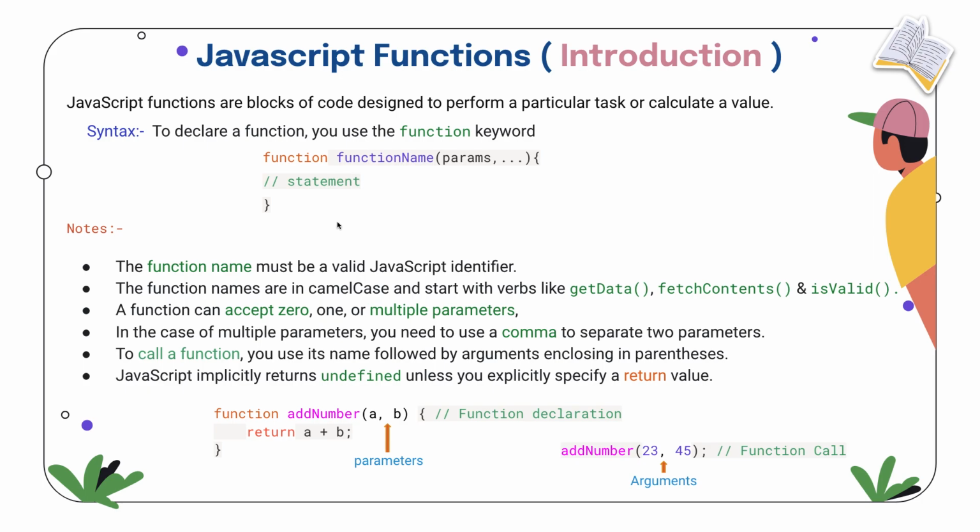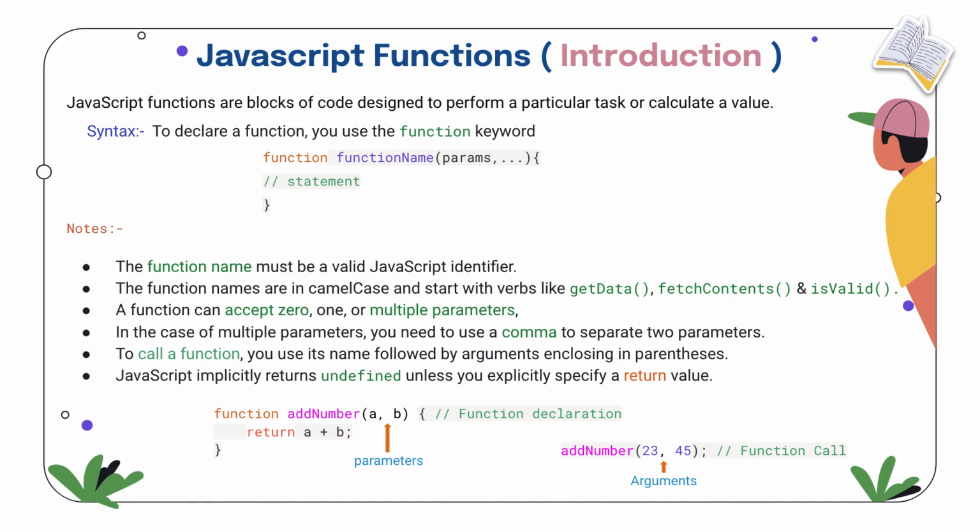Next we'll move on to the naming convention, or the rules to follow to create functions. We have already discussed variables. When we are creating a variable, we need to follow some set of rules: we always need to start the variable name with letters, not with a number, and we don't provide any spaces while writing the variable name.